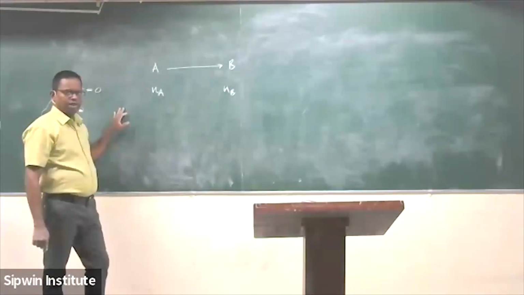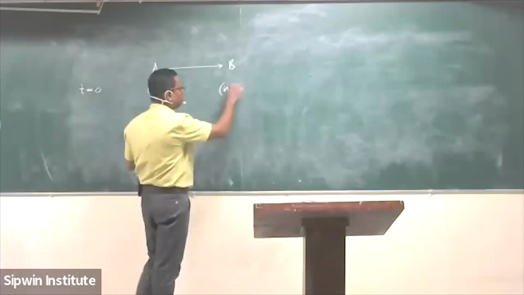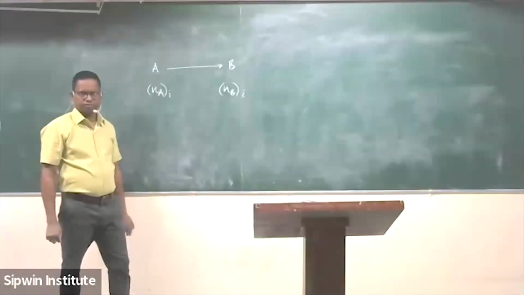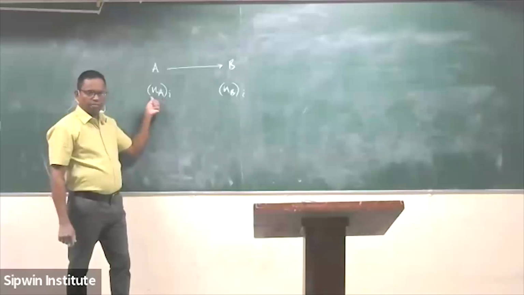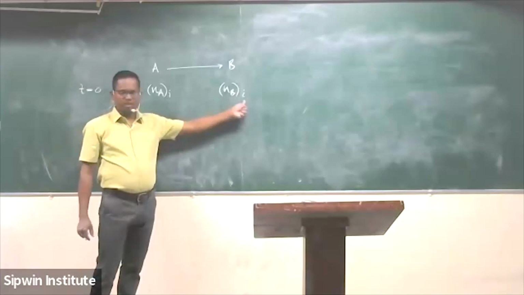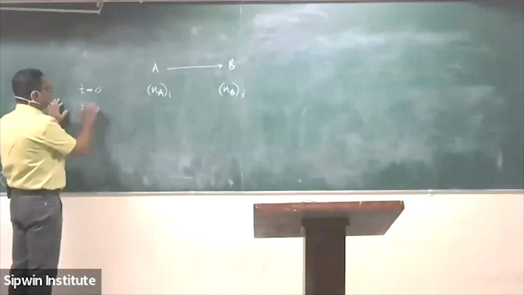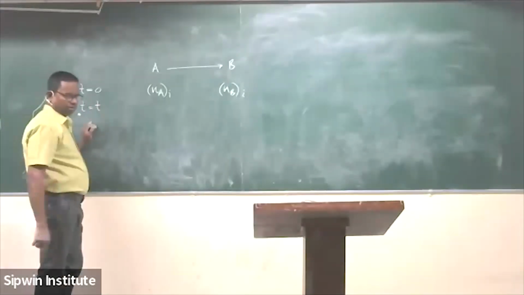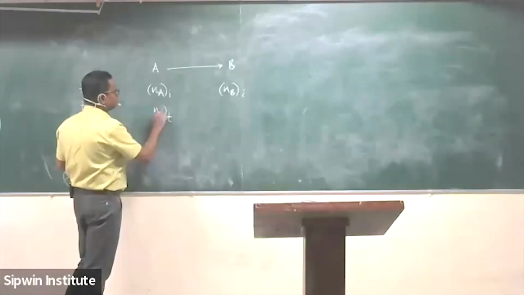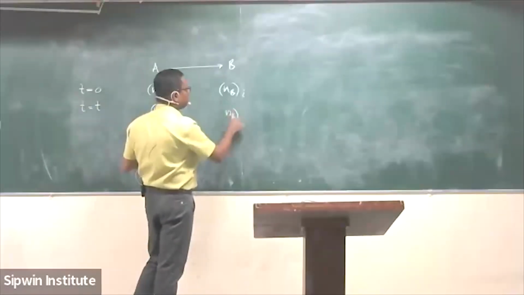To take the idea of initial, I will use I. NA initial, NB initial: N means amount, amount of A at the beginning, amount of B at the beginning. Time passes up to t. NA at the time t. NB at the time t.